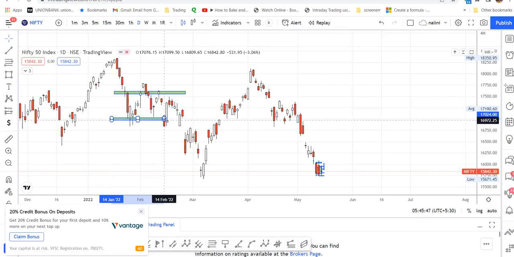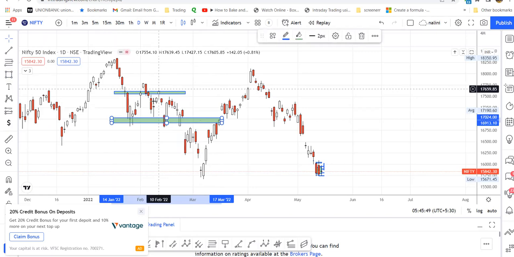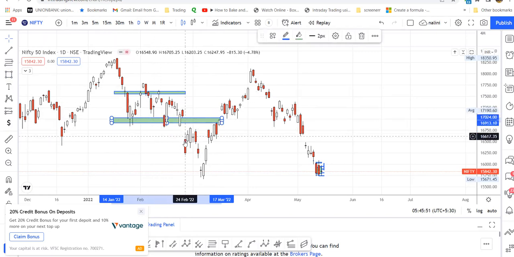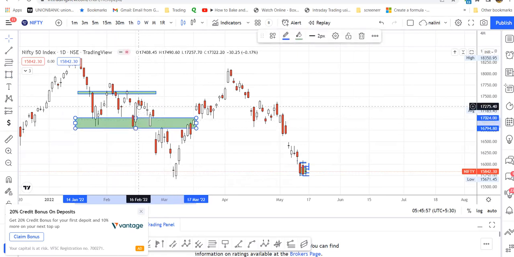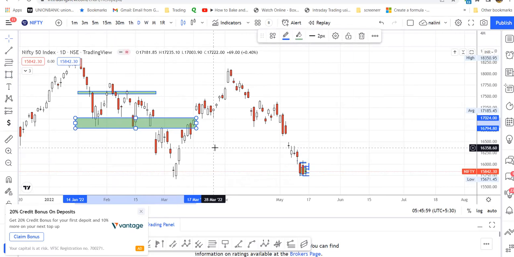If you start moving the range down, this range started coming down like this. Range started expanding down. So you can make out where the direction of this ping pong will take place.